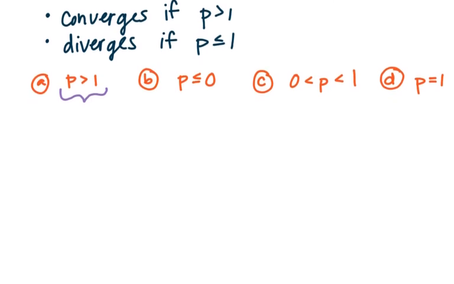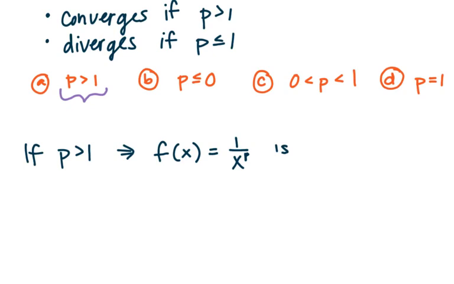So the first thing we'll do is say, what happens if p is greater than 1? Well, then we have our function, because using the integral test, we're going to treat those terms like a function. So we have 1 over x to the p, and this is going to be positive. It's a decreasing function of x.